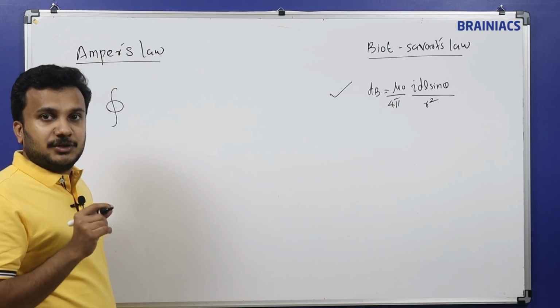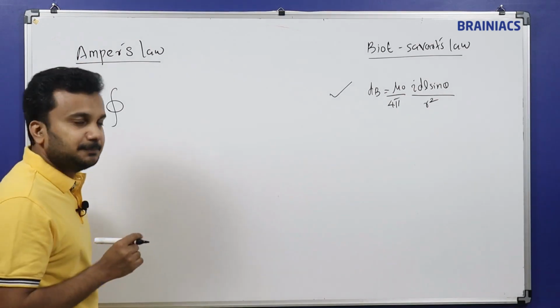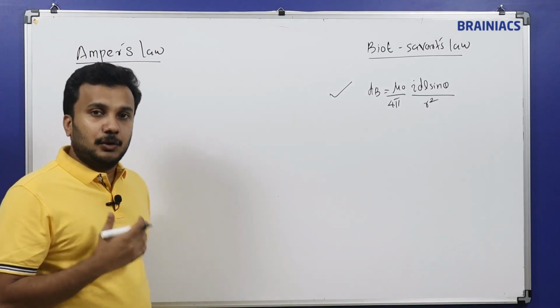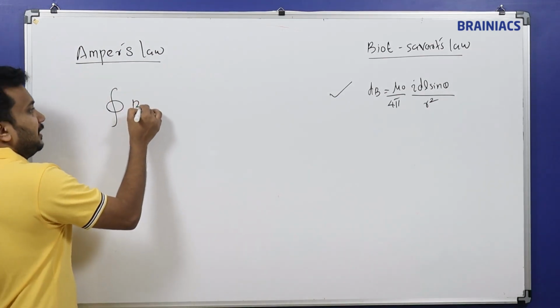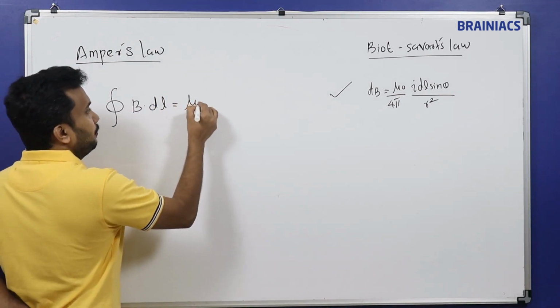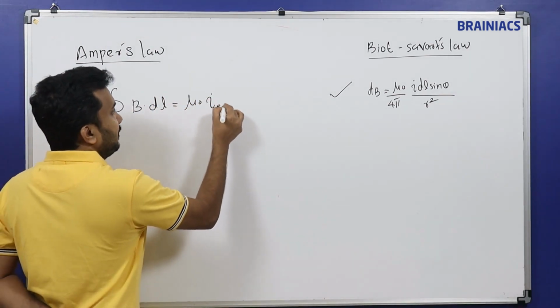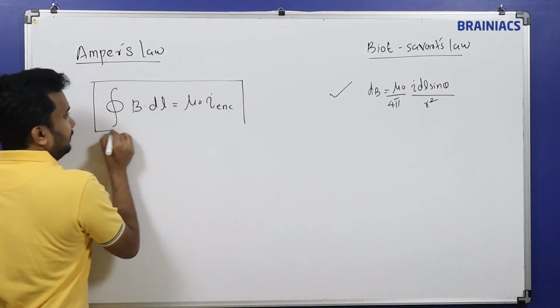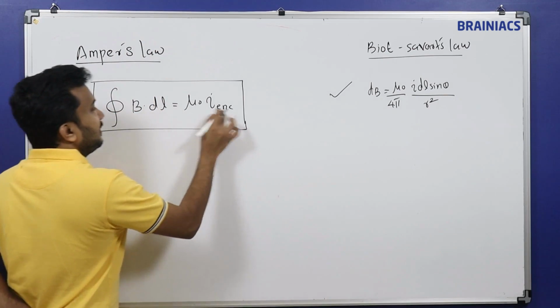In electrostatics I told we need a Gaussian surface. Here this closed path is called an Amperian loop. So integral B dot dl is equal to mu 0 times the current enclosed, I enc.